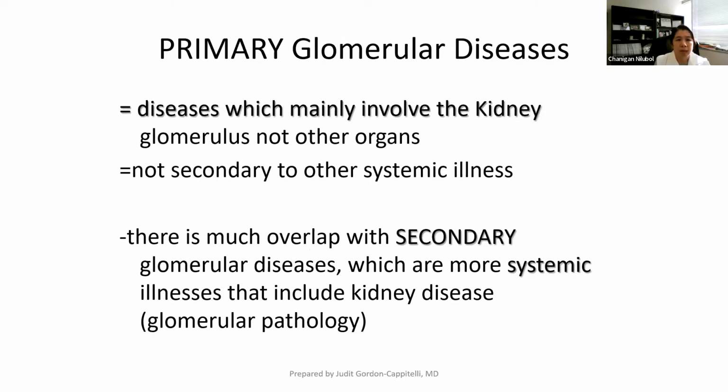So primary glomerular disease typically means it mainly involves the kidney and glomerulus, but not other organs, and it's not secondary to other systemic illness. But again there is overlapping: some diseases, medications or certain conditions can cause glomerular disease that we categorize as primary glomerular disease as well.